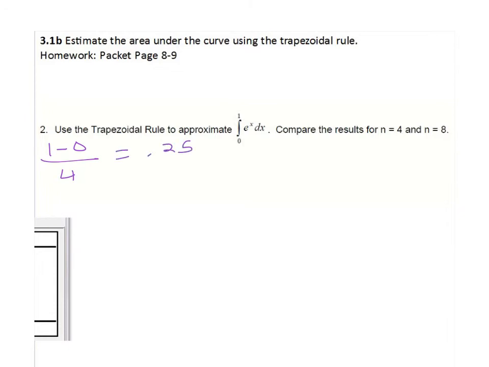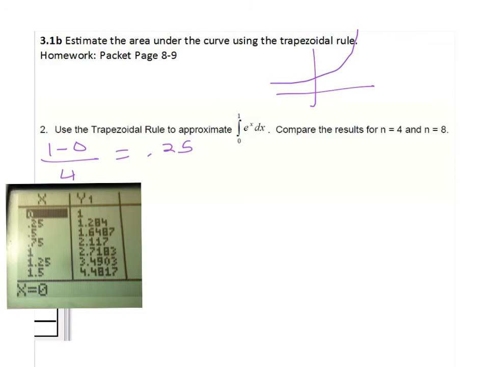So after I type in e to the x, and we all know that e to the x is a growth function, and it looks like this, I'm going to go to my table set, second table. I'm going to start at 0, and I'm going to move by 0.25. I'm going to grab my table. Here are my table values for e to the x, and I really only need these first few.